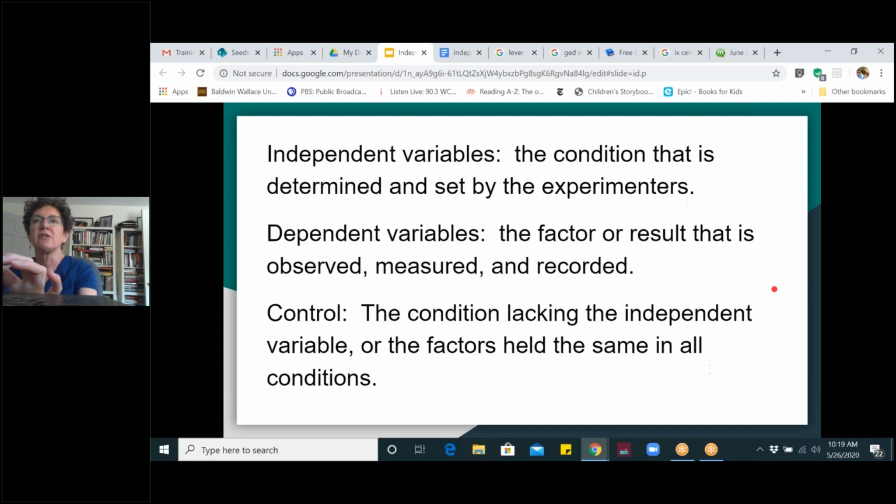Here's another definition. Independent variables are the conditions that are determined and set by the experimenters. And the dependent variables are the factor or the result that is observed, measured, and recorded. So if we think about the plants, would the dependent variable be the amount of fertilizer?